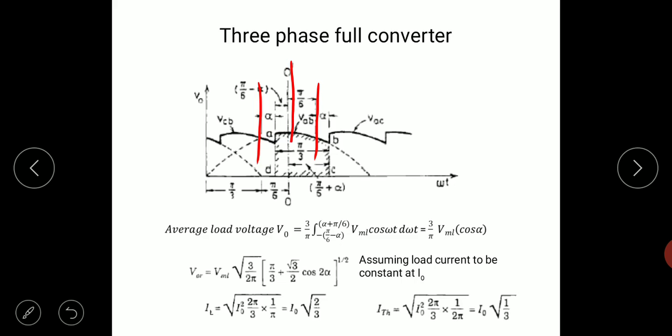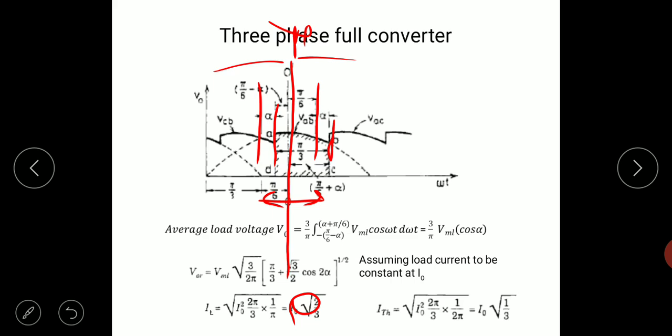We have taken this as our new origin. Okay, this is our new y-axis. This total angle is 60 degree, so 30 degree here and 30 degree here. Since the firing angle is alpha degree, this will be delayed by alpha here, and delayed by alpha here.